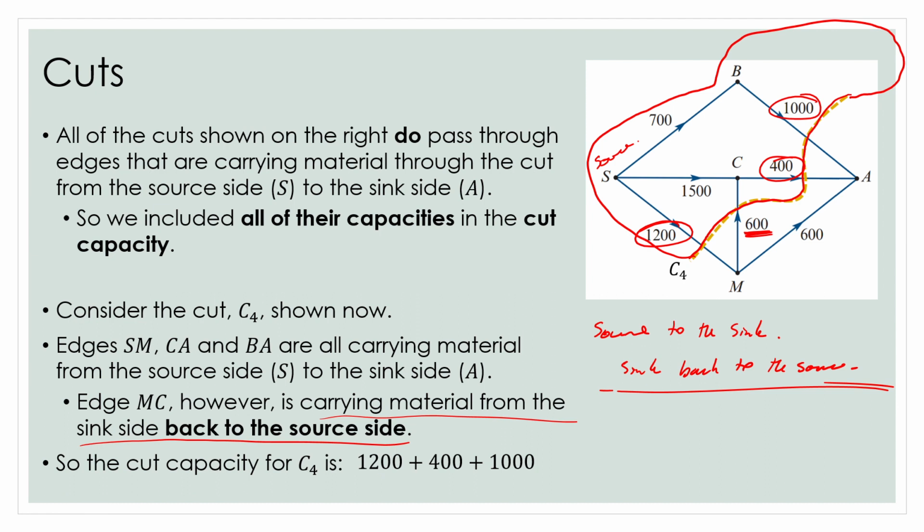For this cut, we are only going to count the 1000, the 400 and the 1200. We are not going to count the 600 because it's returning flow back into the source. So in the shape which I've created, the arrows need to go from in to out, they don't go from out back to in.